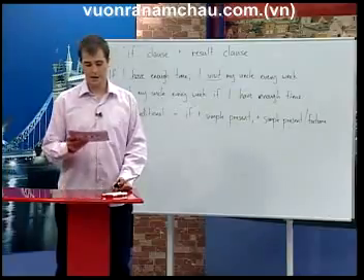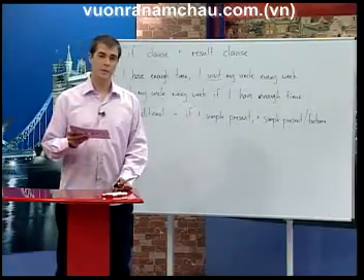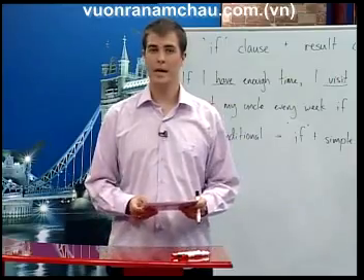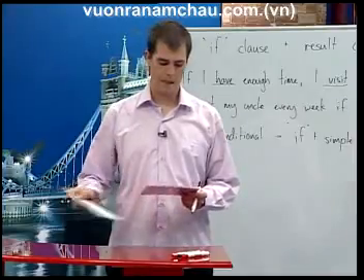It always happens. Another example. A person will go to jail if he commits a burglary. So in the result clause, either the present simple or the future simple is used to show that a predictable fact will happen. It's going to happen every time.